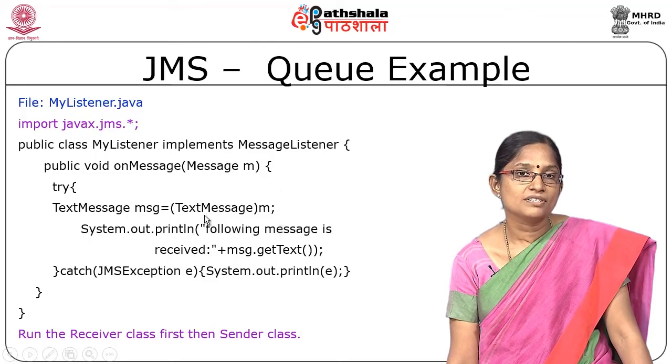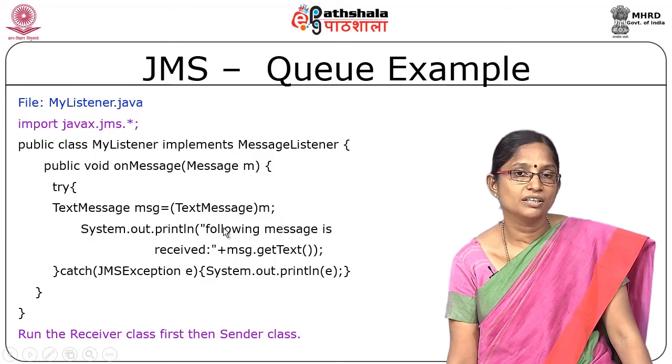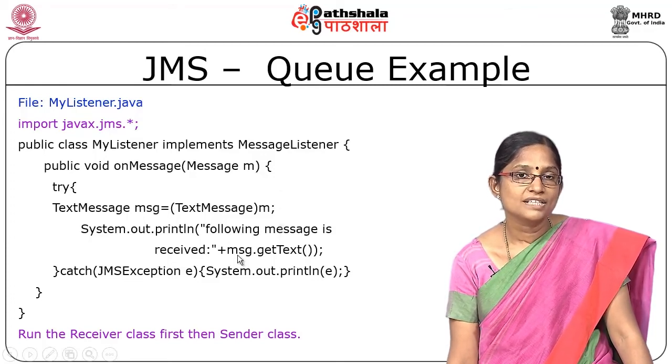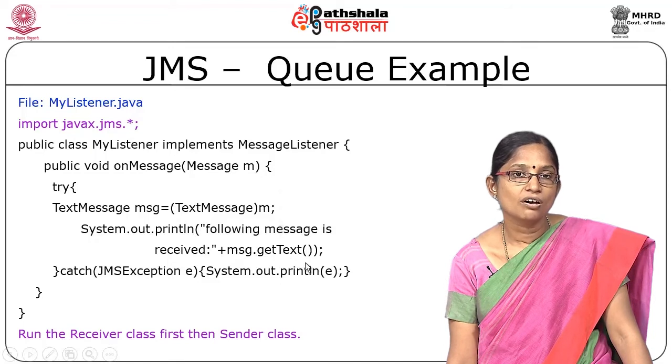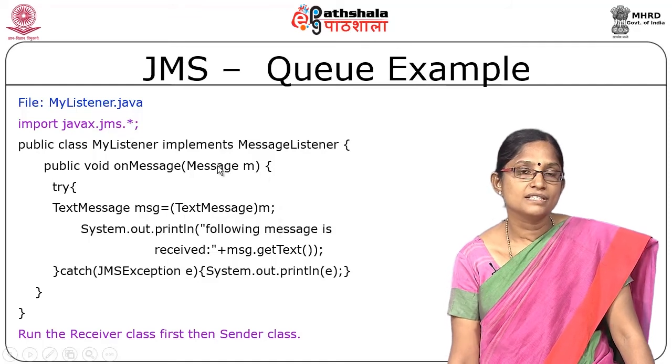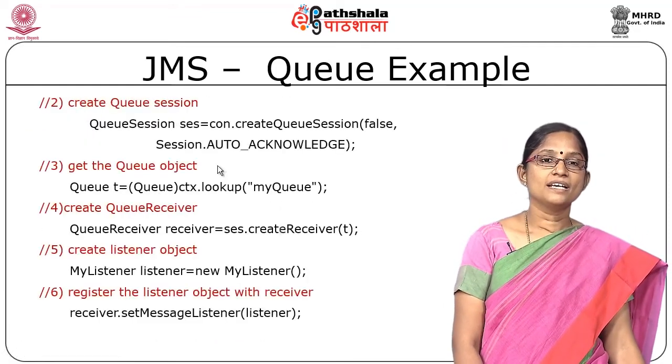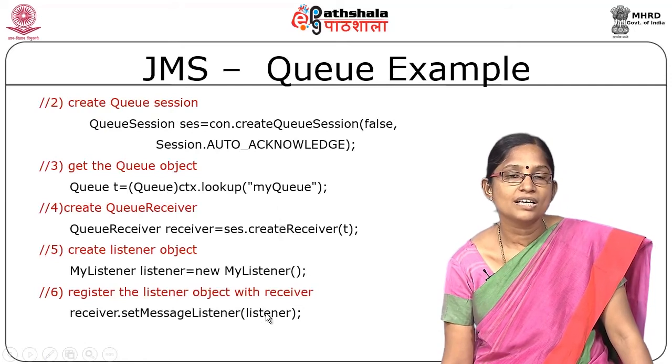What happens here is, first it creates a message object which belongs to the TextMessage type. Over that message variable, getText is called, where this msg has been connected with m. This m is nothing but the message which has been received from the receiver object.